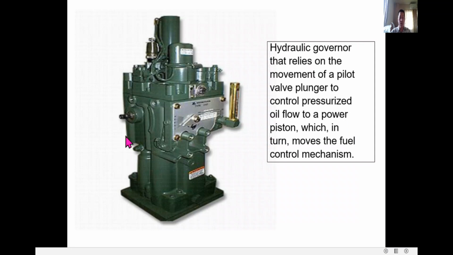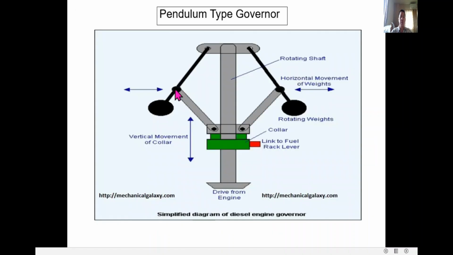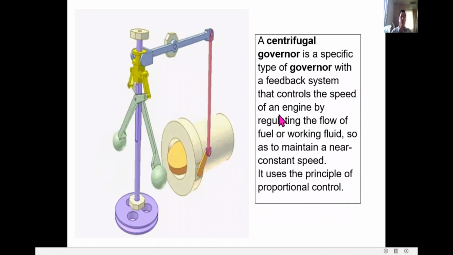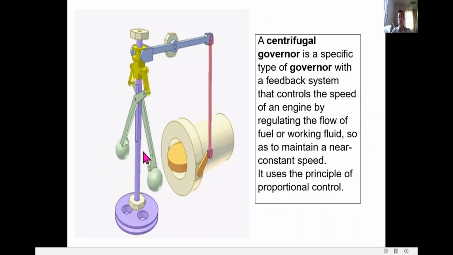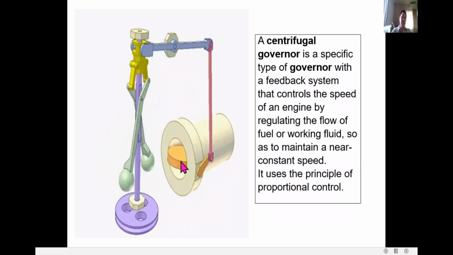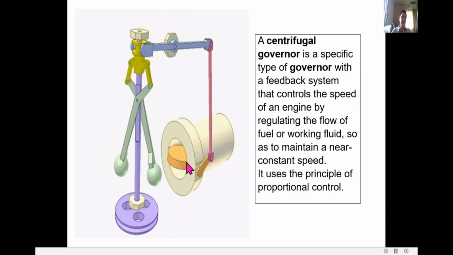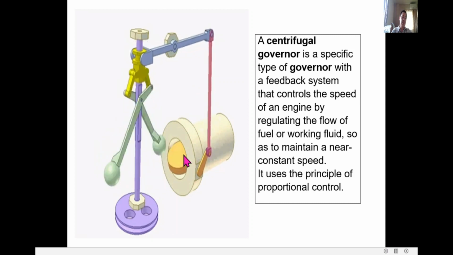There is a connection here to the engine. There is a shaft, and if your engine is turning fast, this shaft inside is also turning fast, turning past the flyweight. Remember, if this is turning fast, the fuel is reduced.